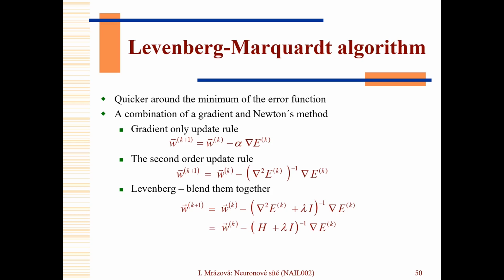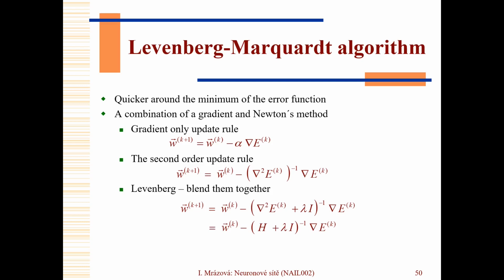So the weight adjustment rules have the following form. W at iteration k plus 1 shall be computed based on the previous weights, W at iteration k, minus the inverse matrix of the Hessian matrix plus lambda times the identity, multiplied by the gradient of the error function capital E at iteration k.